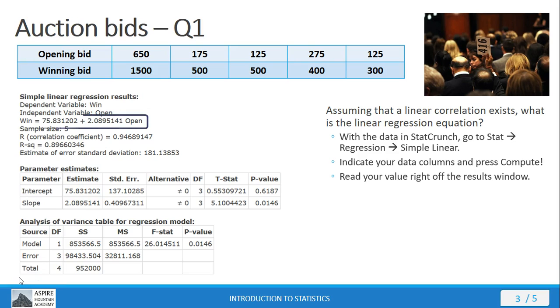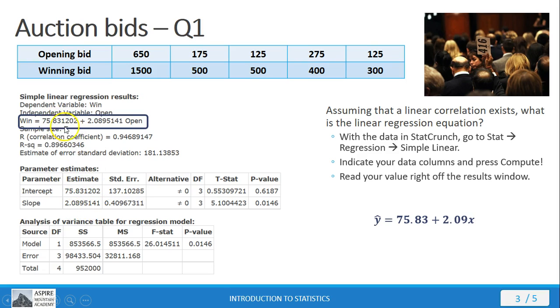The regression equation is located right up here at the top. Now, I know sometimes it's hard for me to see. Maybe it's hard for you to see sometimes too. It's because there's a lot of business going on at the top part of your results window. So notice how we've got the same equation here, 75.83. Notice that in the parameter estimates table, we've got the same values here for the intercept and for the slope.